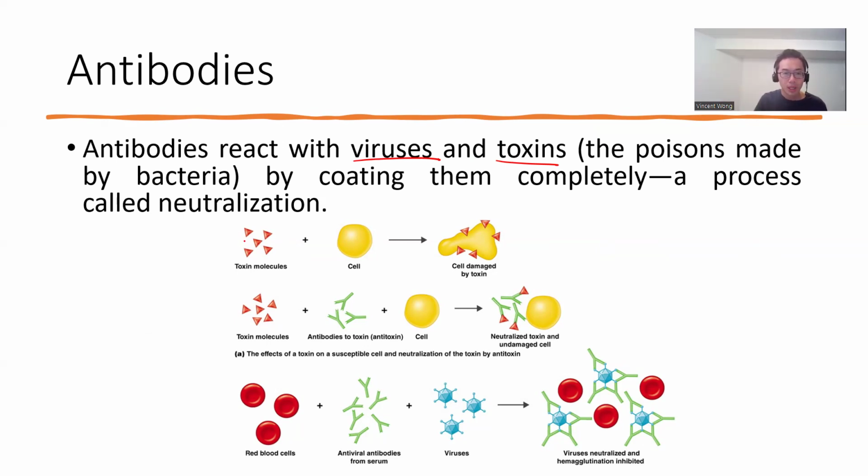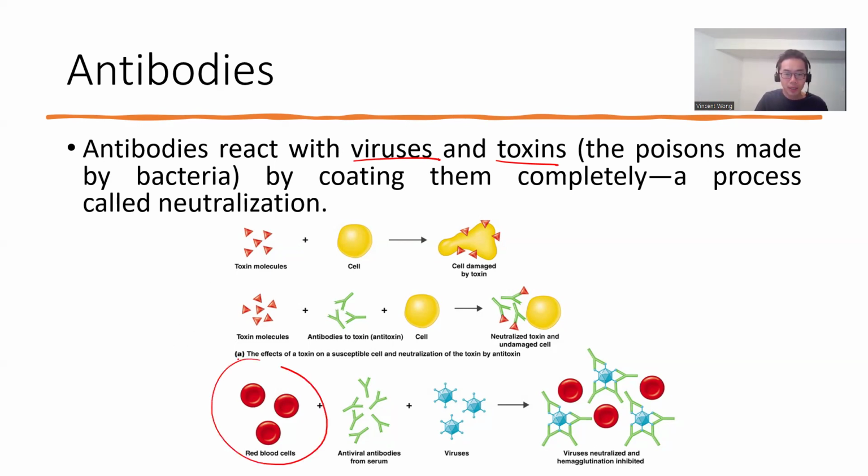For example, we have these little triangles here that represent the toxins. If you expose a cell to the toxins, then it causes the cell to be damaged. That's the normal scenario. But if you have the antibodies, they will bind to the toxin and neutralize it basically, and the toxin will no longer damage the cell. That's basically what it is.